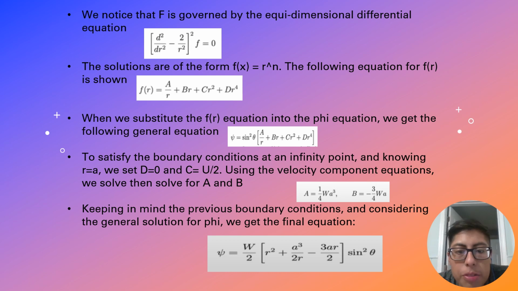To satisfy the boundary conditions at infinity, and knowing r is equal to a, we set d equal to 0 and c equal to U over 2. Using the velocity component equations, we solve for a and b, and we get a is equal to 1/4 U a cubed, and b is equal to negative 3/4 U times a. Keeping in mind the previous boundary conditions and the general solution for psi, we get the final equation for psi.